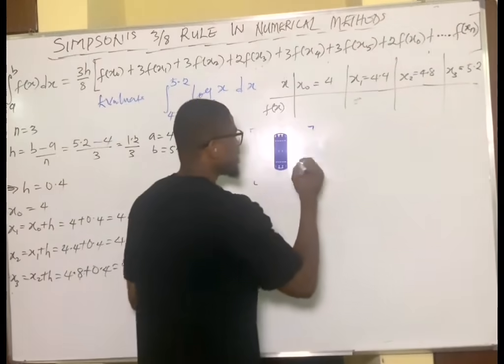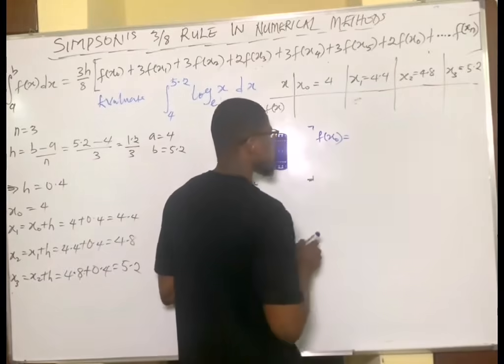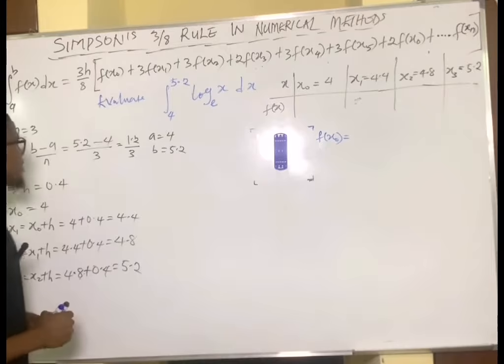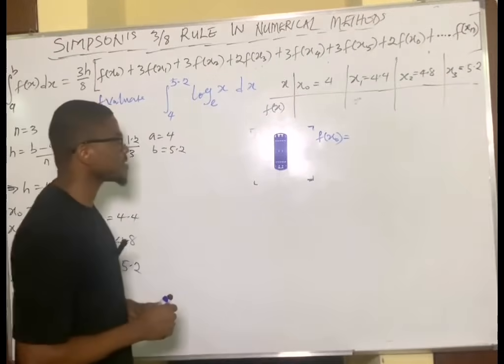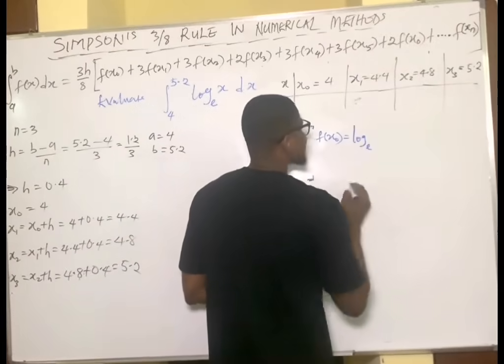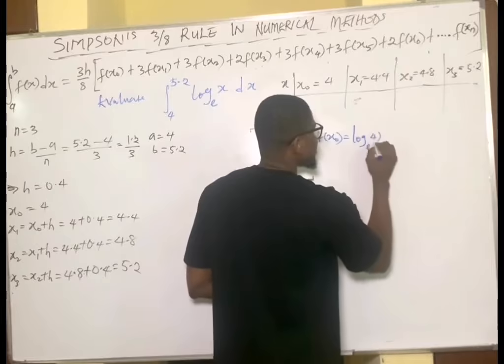So let's find f of x naught, which means the value of the function when x is x naught. The function itself, remember, is log to base e of x, which is natural logarithm. So x now becomes x naught, and x naught is 4. So it means log to base e of 4.